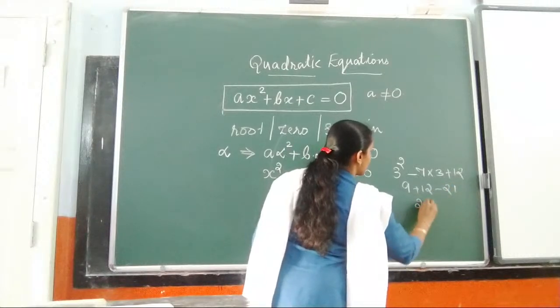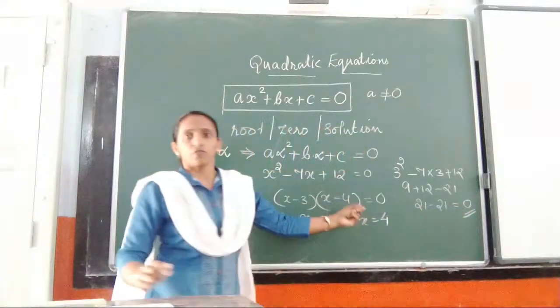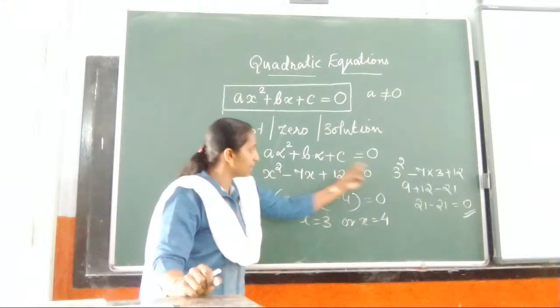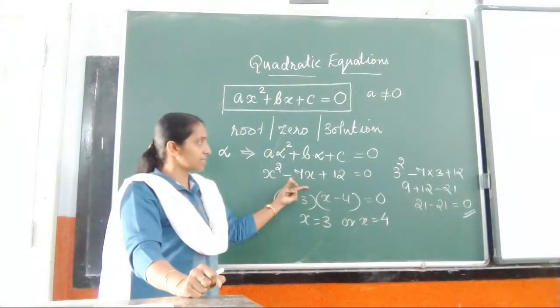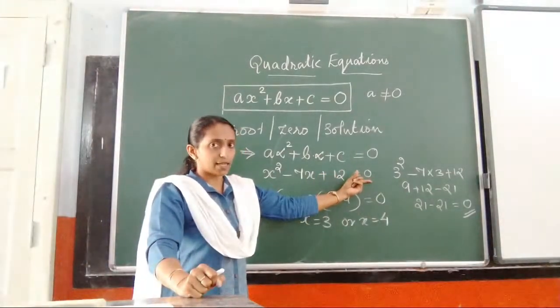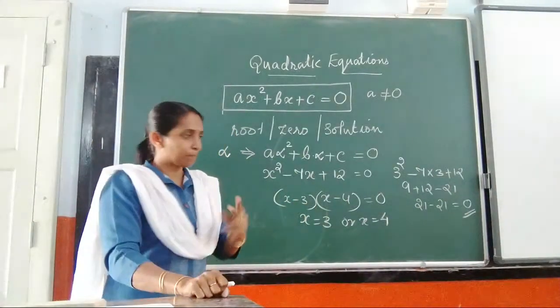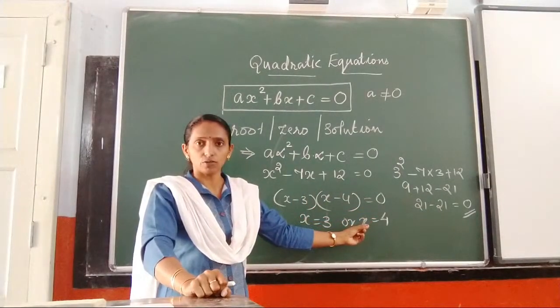Are you getting 21 minus 21 equal to 0? Equation satisfied. When we substitute x equal to 3 in x square minus 7x plus 12 equal to 0, we get two values for x: either x equal to 3 or x equal to 4.